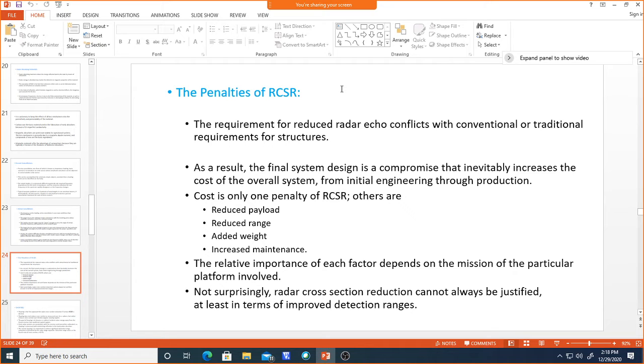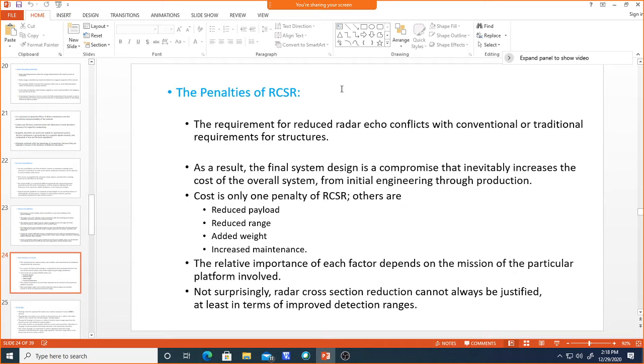Okay, so as a result, the final system design is a compromise that inevitably increases the cost of the overall system. Because of the design requirements, in the final design we have to compromise with one or the other parameters, and get the radar cross section reduction with the percentage the designer says.